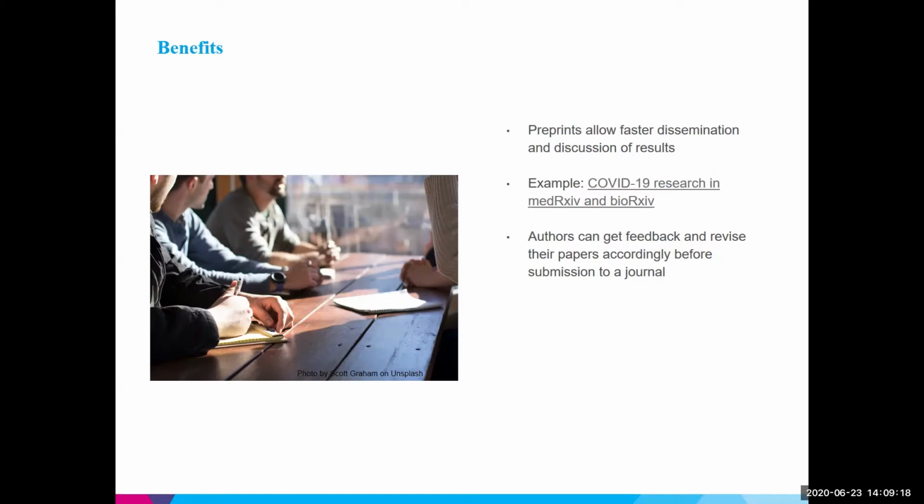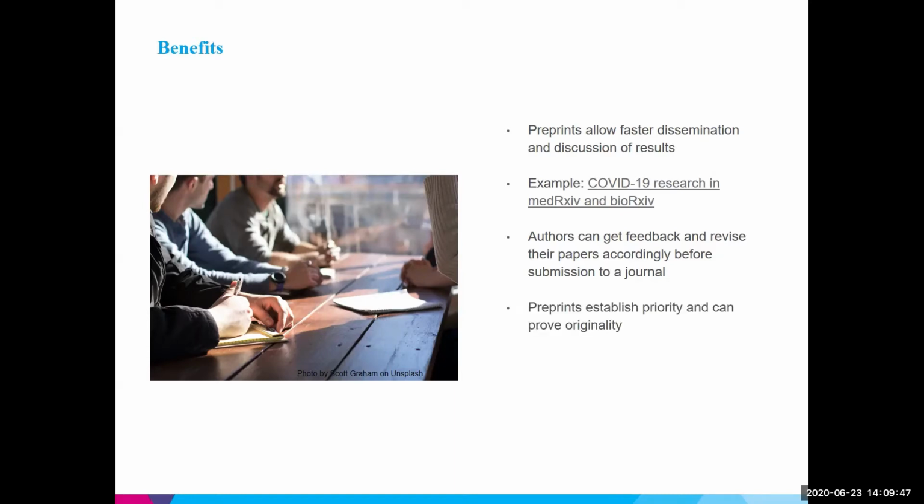So it allows the revision of manuscripts before it's submitted to a journal, and that potentially makes it more likely that that article is going to be accepted because a lot of the problems have been talked about beforehand and rectified. So it's a great way as a sort of informal kind of mentorship.